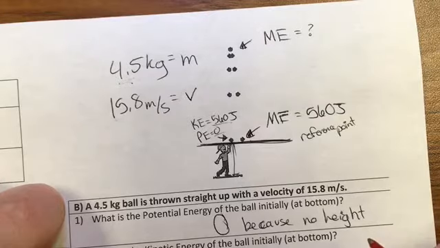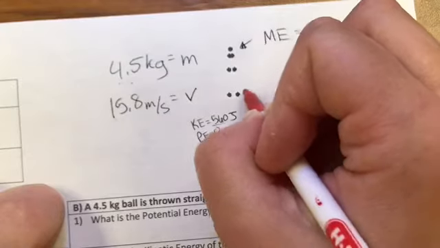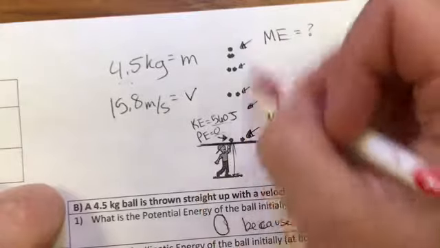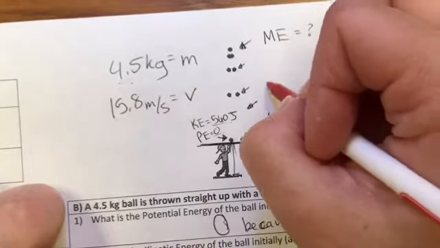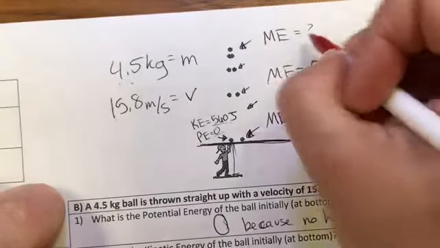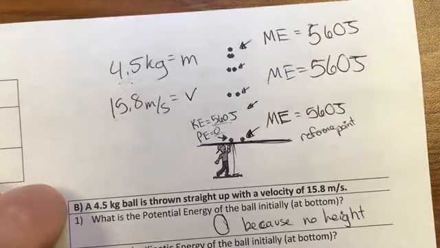Well, mechanical energy is constant in this system. It doesn't matter where you are in this system, whether the ball's right there, whether it's right there, whether it's somewhere in between. The mechanical energy is going to be 560 joules because that's constant in this system. So it's 560 joules at the top.